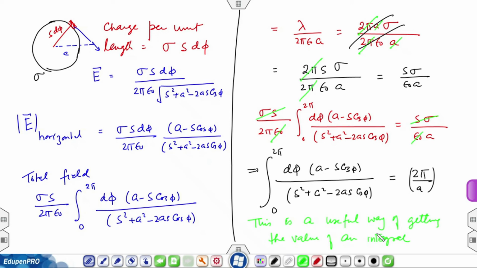I explicitly wrote the integral and also related it to the answer obtained by Gauss's law, equated the two and got my answer. So, let us see now what B z comes out to be.